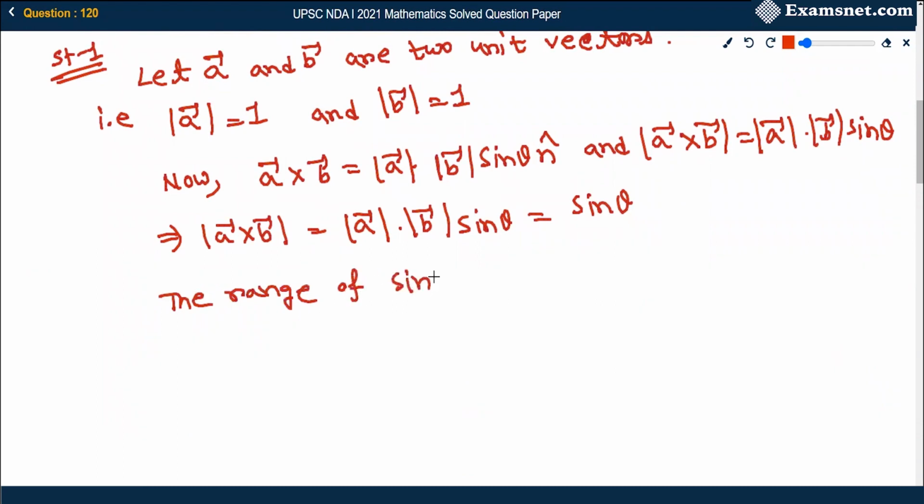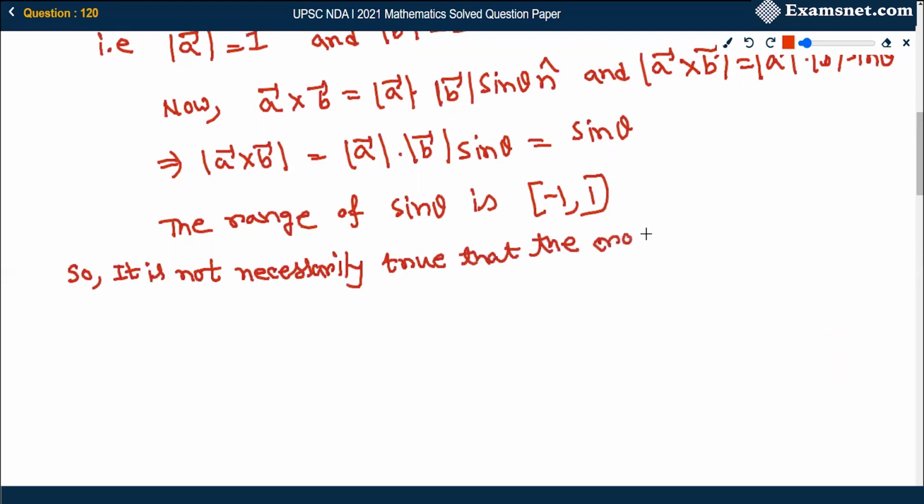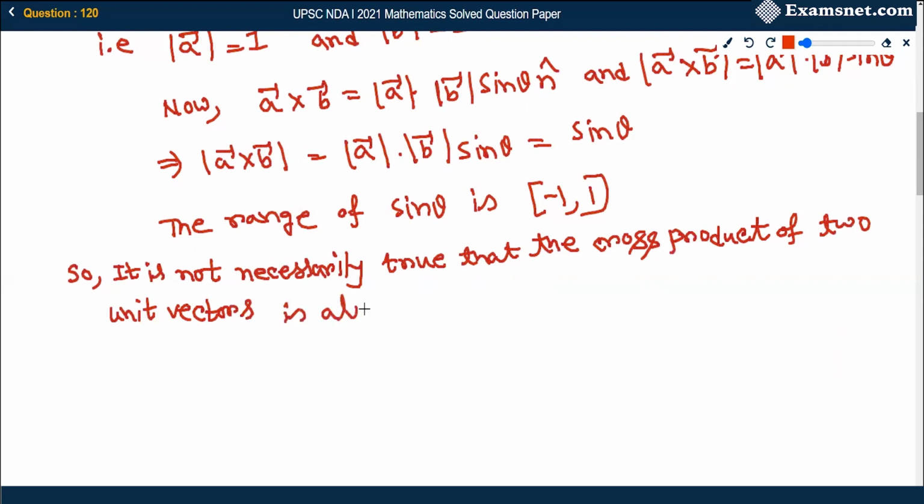So it is not necessarily true that the cross product of two unit vectors is always a unit vector.